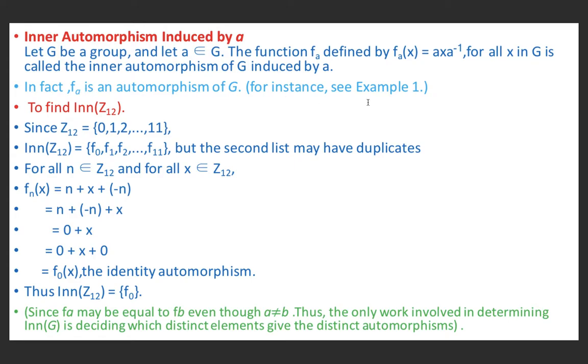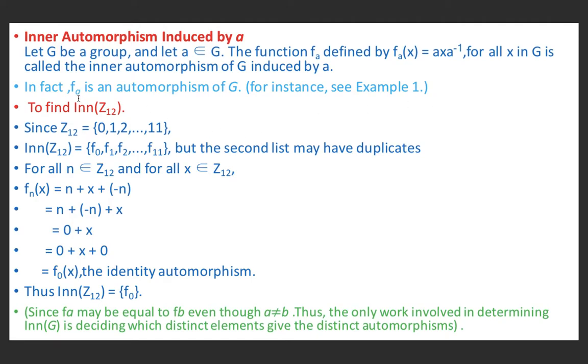For example, you may refer to the first example, where G is a group of 2 by 2 real matrices with determinant 1, and in that case the mapping was defined as Fm from G to G, and Fm of A is equal to M A M inverse, where M is a 2 by 2 real matrix and A is a 2 by 2 real matrix.